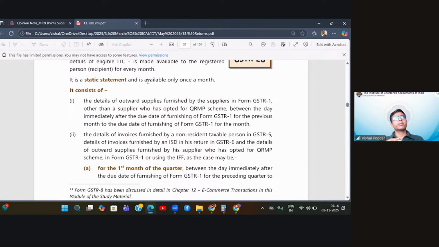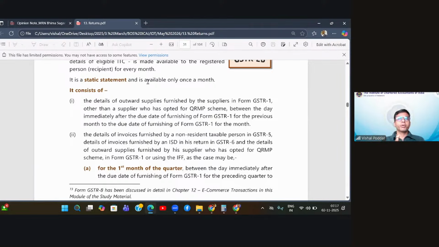But if the supplier files it even one day late, means the supplier files it on 12th of November, now the range that is given over here is from 12th of November to the next month's date of filing GSTR1, which will be 11th of December. So between this period, 12th November to 11th December, whatever details the supplier has uploaded in his GSTR1, that will appear in your next month's 2B, that is November month's 2B.